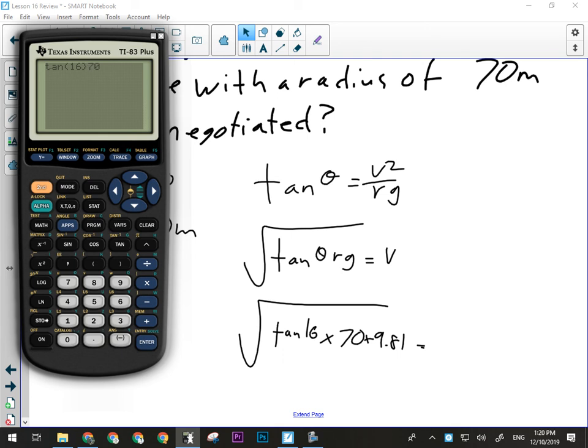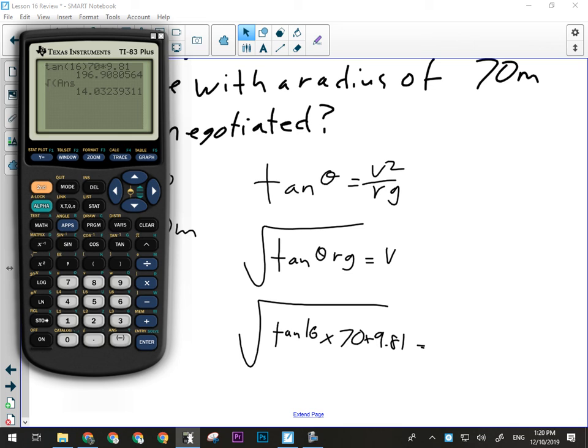Still not what I want. All right, so I have to square root that. So we're looking at a speed of 14 meters per second for that corner.